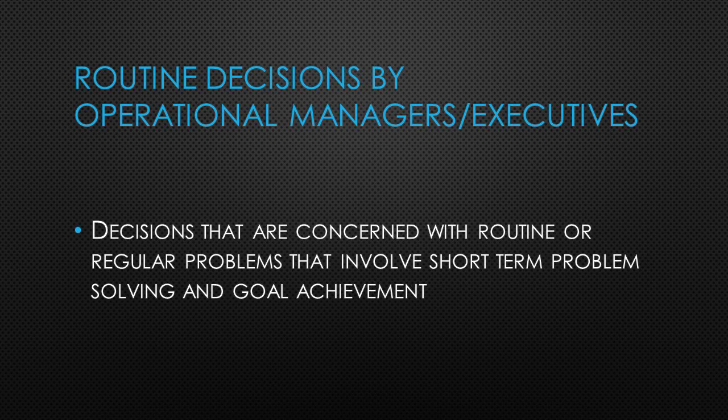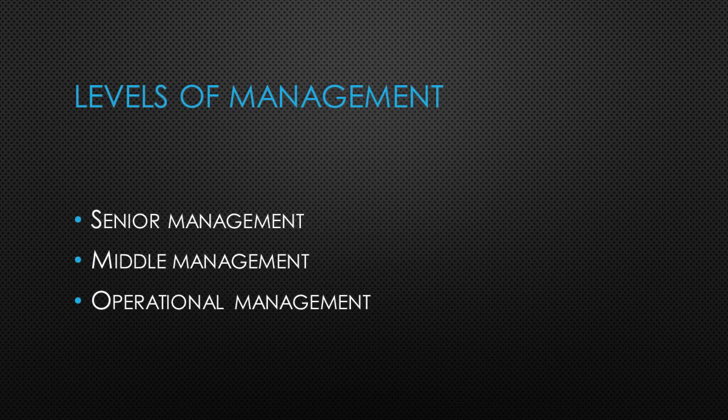All of them have to work in sync. The synchronization has to be really good. To sum it up again, levels of management, 3 levels I talked about: senior management, middle management and operational management.